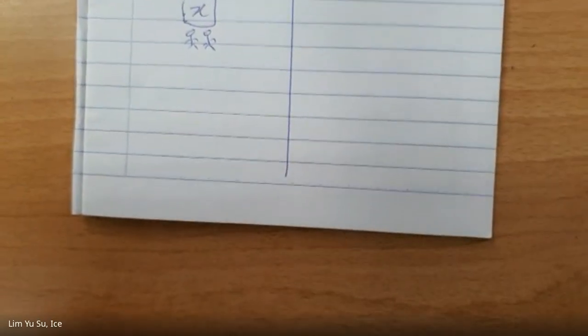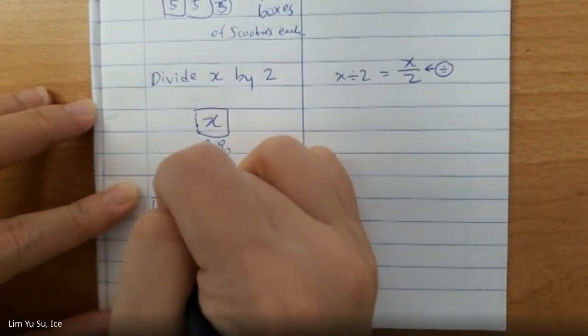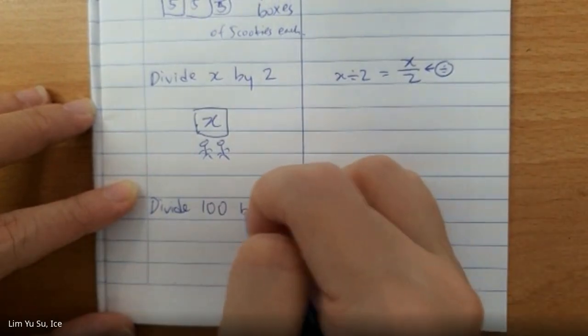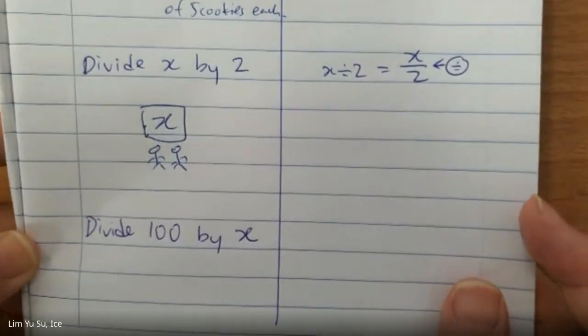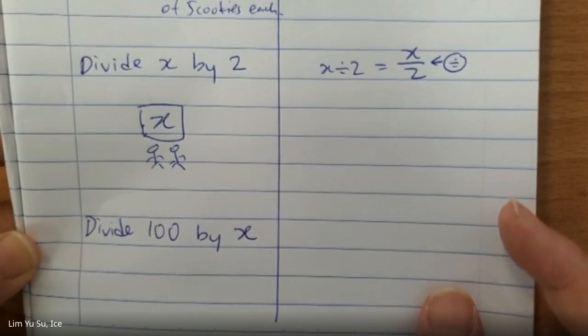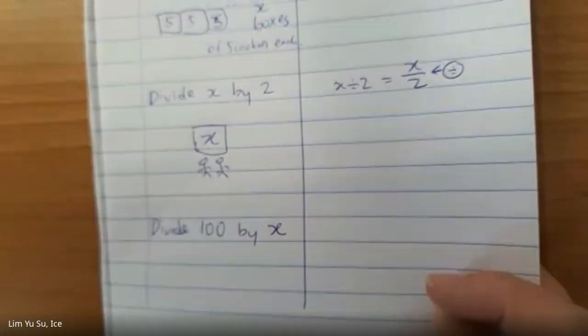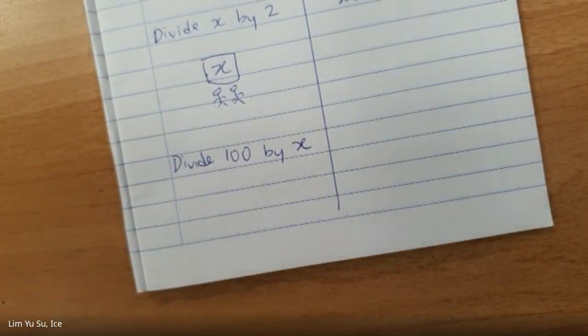Now I've changed it up a bit. So a new situation. The new situation is to divide a known number of cookies. I'm going to take out 100 cookies and I divide by X number of people. So I have 100 cookies and I'm going to share out, which means in my box here, it's written as 100.